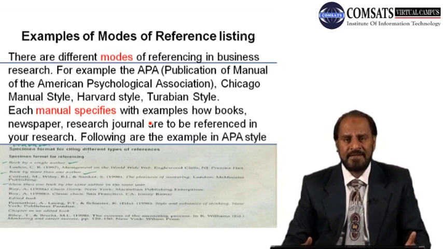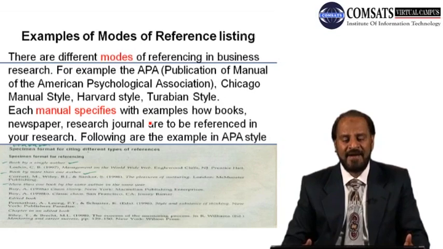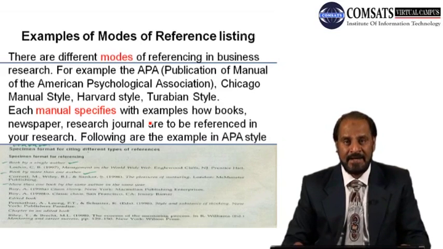Basically, these styles have developed different manuals which specify with examples how to put the name of the book, the authors, the newspaper, the year of publication, and the format. In the format, what should be the format of placing the names, books, article names, and authors' names in the reference list.